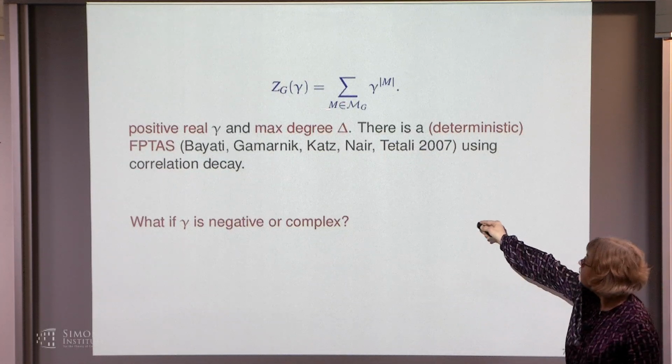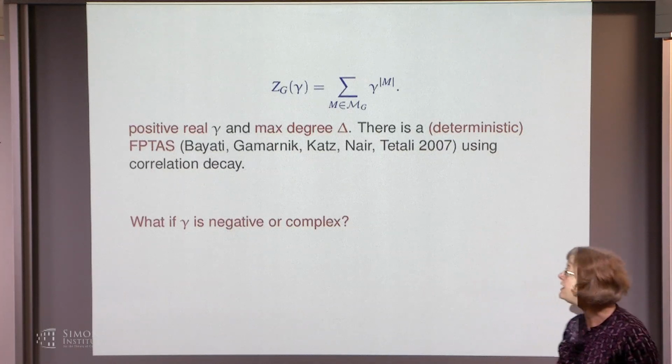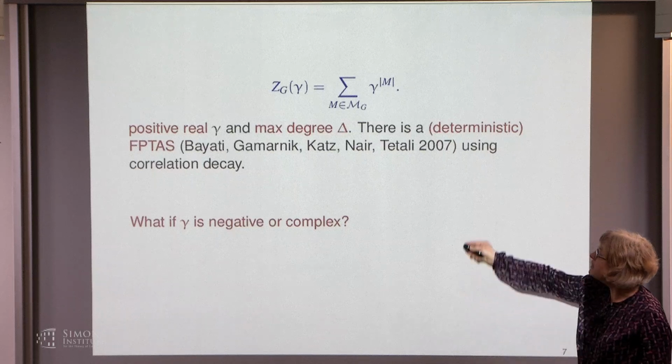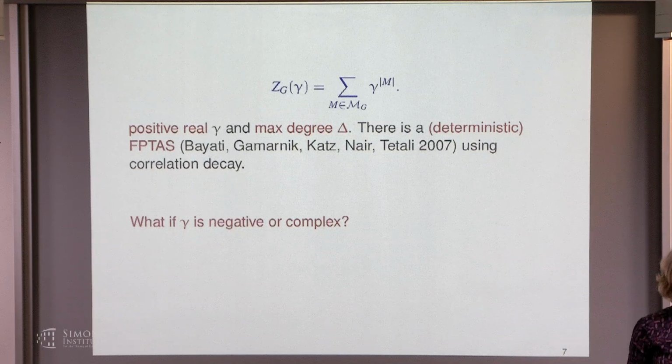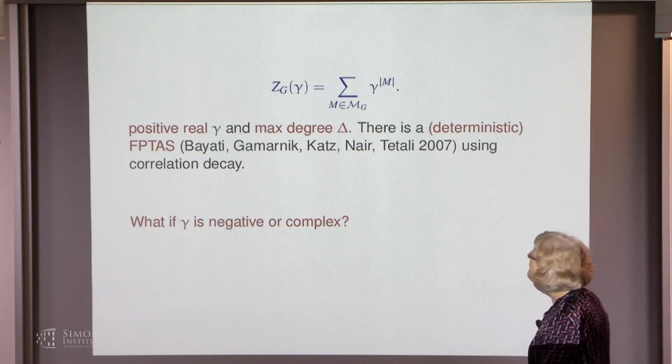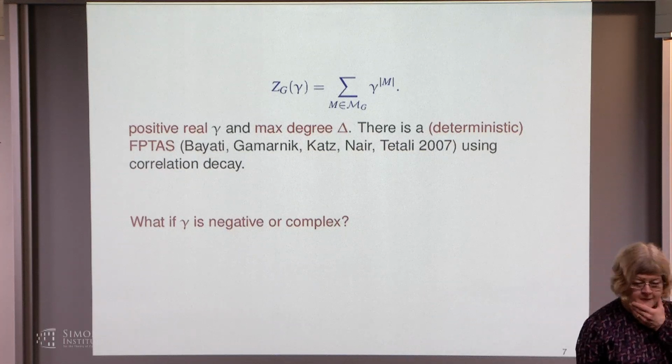So maybe you want to estimate it within a factor of 1 plus or minus epsilon, and the runtime you're allowed is a polynomial in the size of the graph and also in 1 over epsilon. So you're allowed more time as you need more and more accuracy, but only polynomially so. OK, so that's the positive real case.